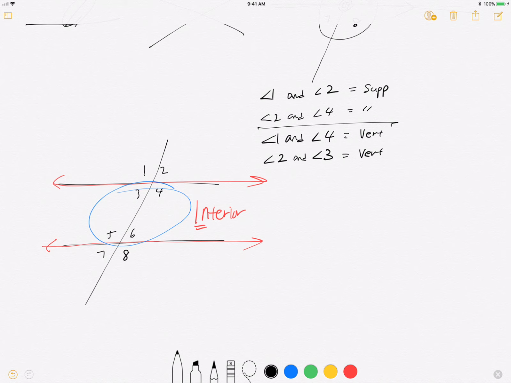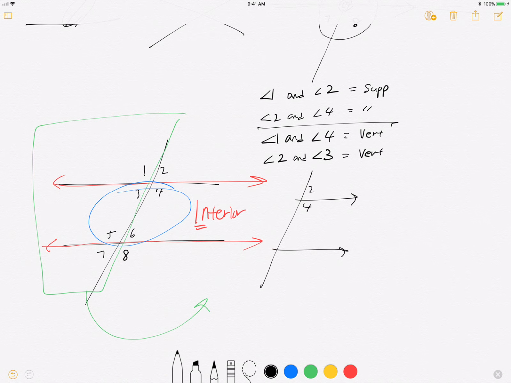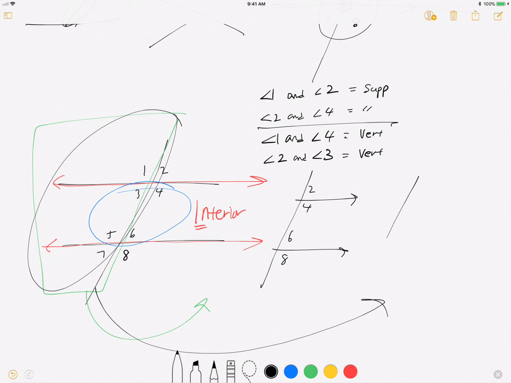If I were to take this half right here, and if I were to turn it around, this part will stay as 2, 4, 6, 8, but this part that I'm going to rotate around will give me something like this: 7, 5, 3, 1. Do you kind of see that?